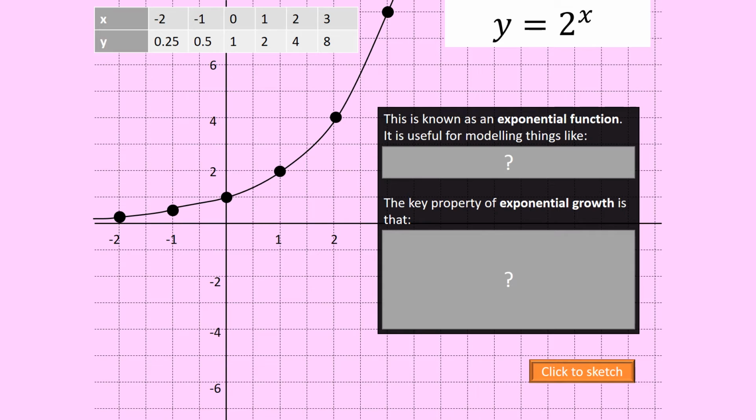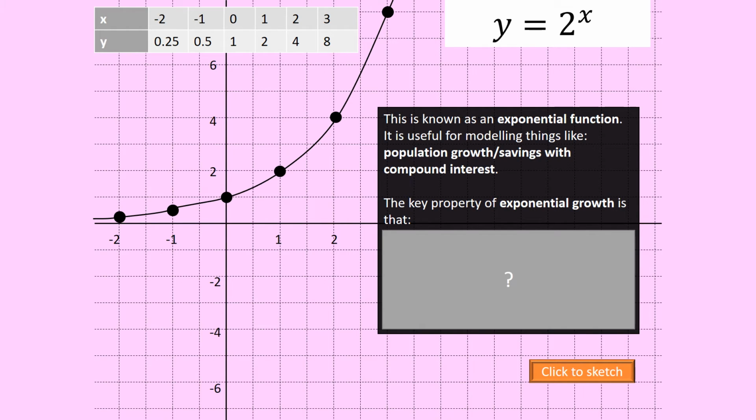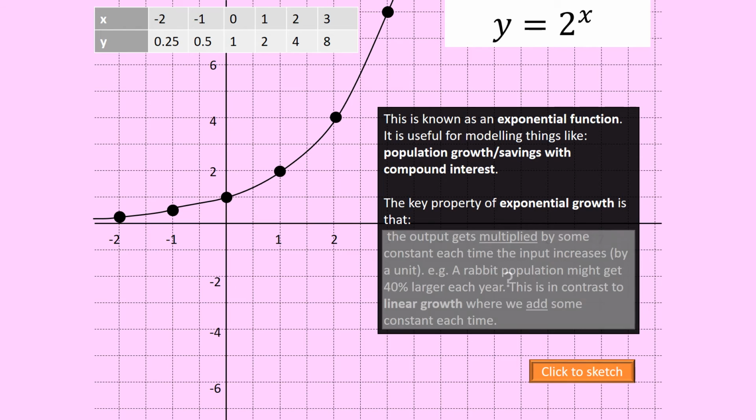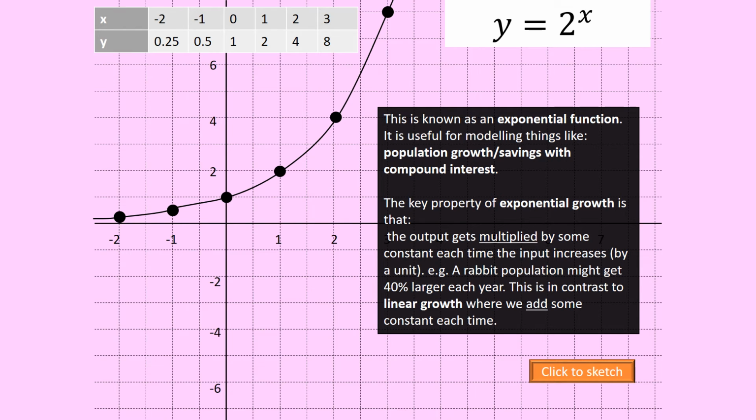So this type of graph or function is known as an exponential function, and it's very useful for modelling things like population growth or savings with compound interest. The key property of exponential growth is that the output gets multiplied by some constant each time the input increases by a unit.